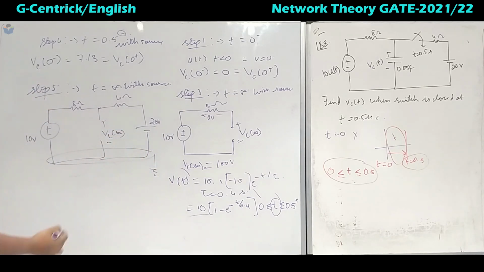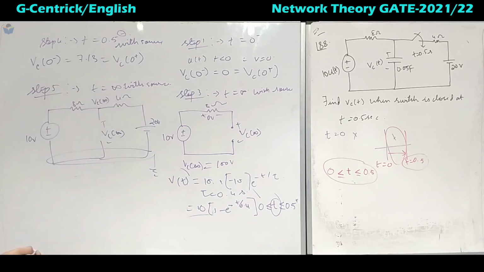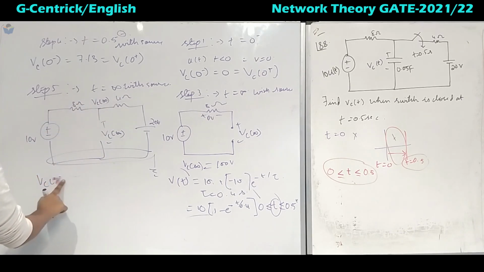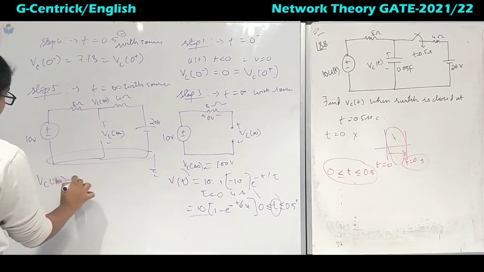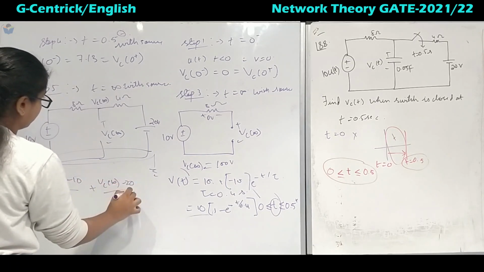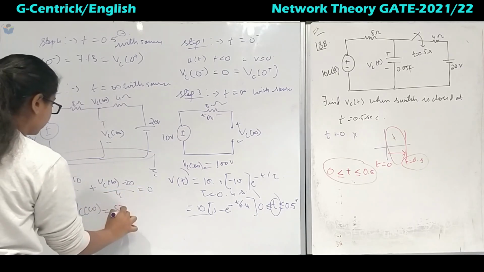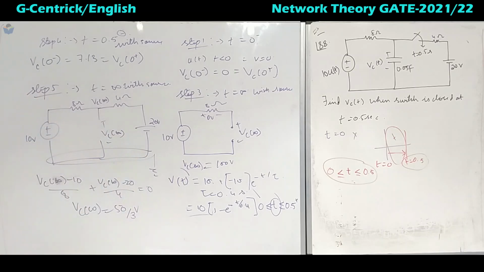If this is the Vc of infinite, this voltage will also be Vc of infinite. So it will be (Vc of infinite minus 10) divided by 8 plus (Vc of infinite minus 20) divided by 4. When you solve this one, you will get 50 by 3 volts.